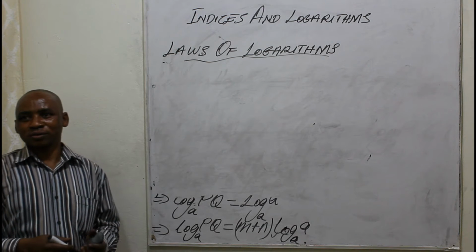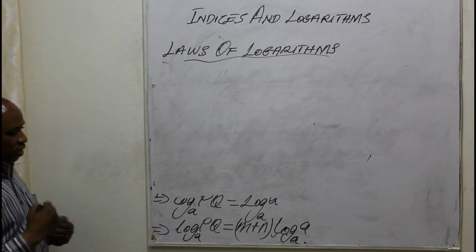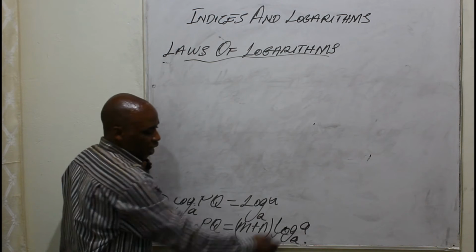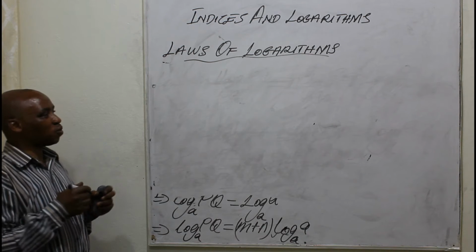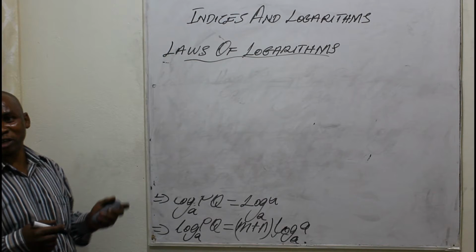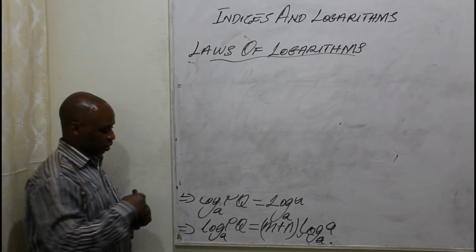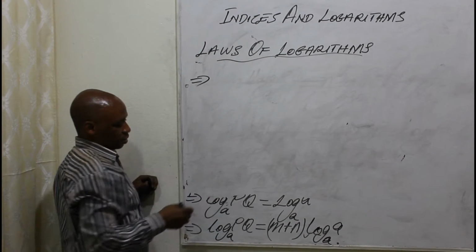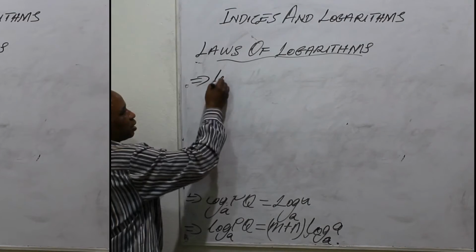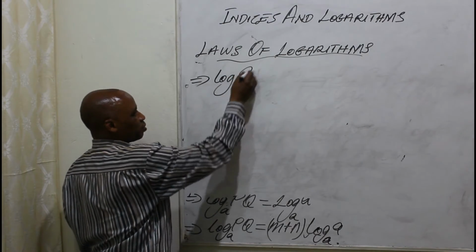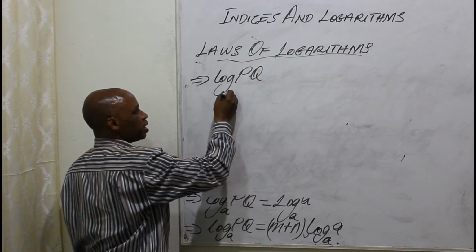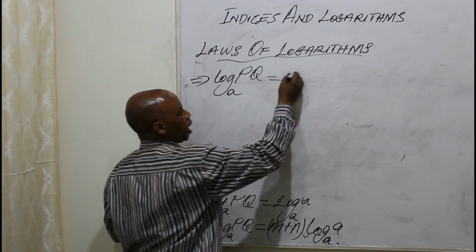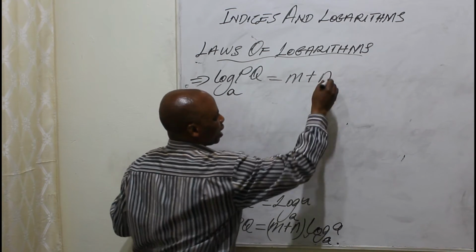And we know from the noted points that log a to base a is always equal to 1. That's the log of a number to the same base is always equal to 1. Hence, we will end up getting the log of pq to base a being equal to m plus n.